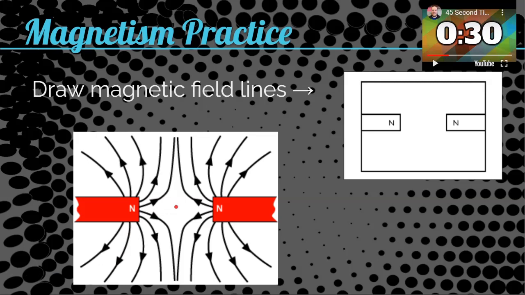And because we draw our field lines from north to south, you'll notice I also have those arrowheads pointing in the appropriate direction because they should be pointing away from my north poles, and that is the direction that we have drawn them here. So your picture should look something like this. Okay, again, it doesn't have to be exact, but something like this. You can add that to your notes if you didn't already draw it.